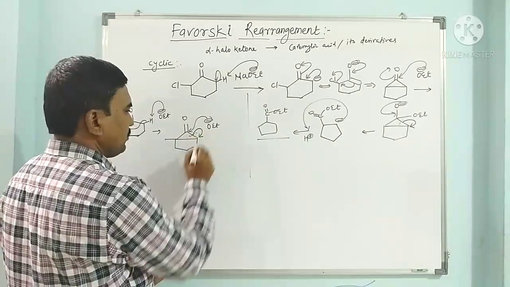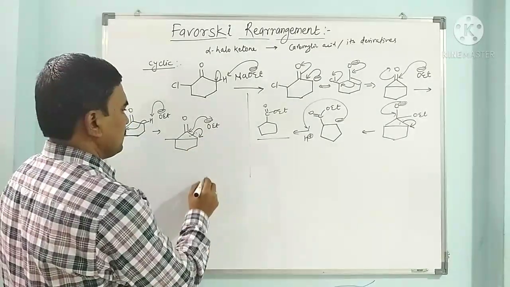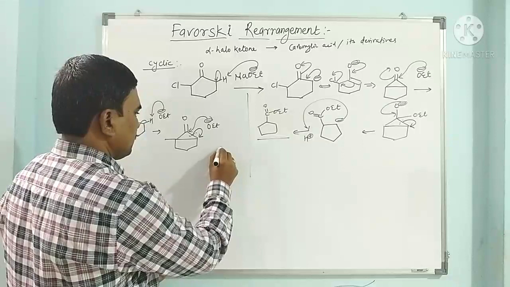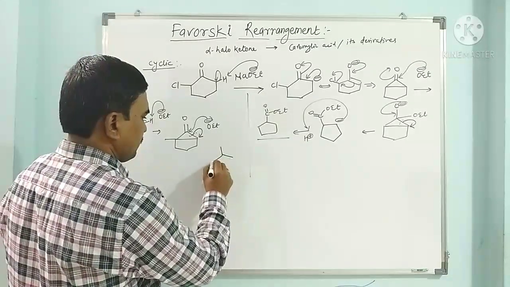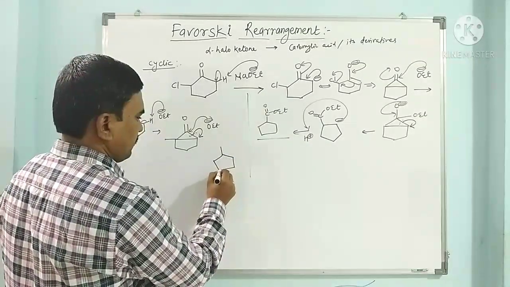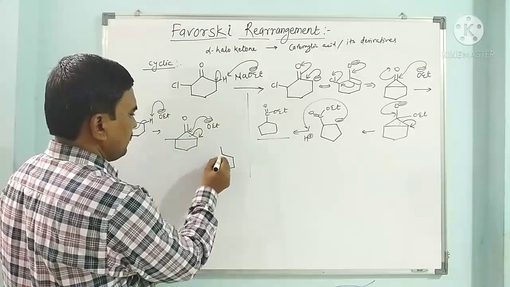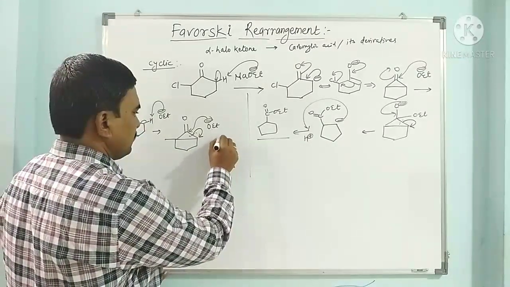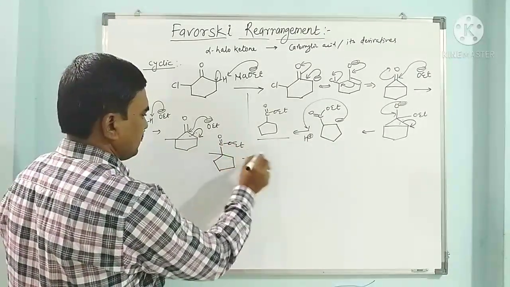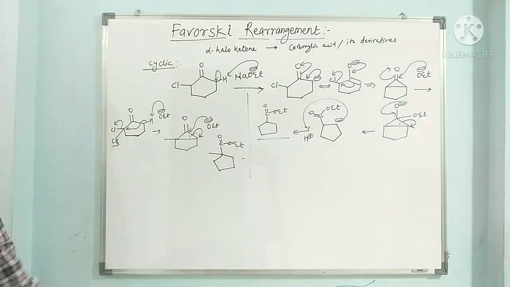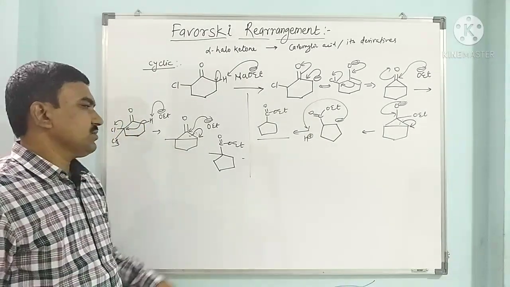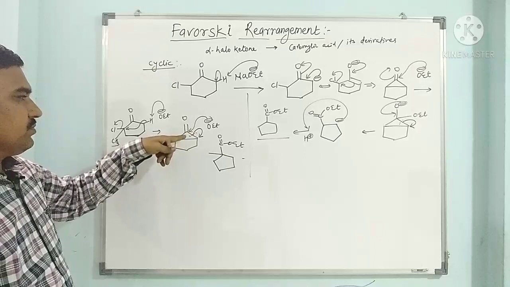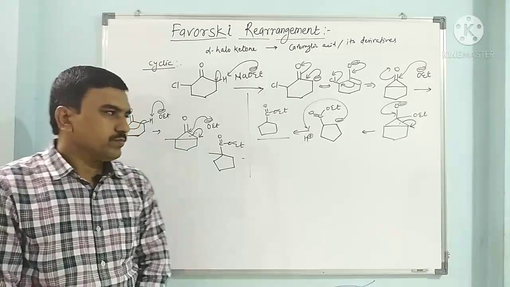So this bond gets cleaved and we get this product, having this methyl and COOEt. So this is the ester we obtain, where this bond gets cleaved in the cyclopropanone.